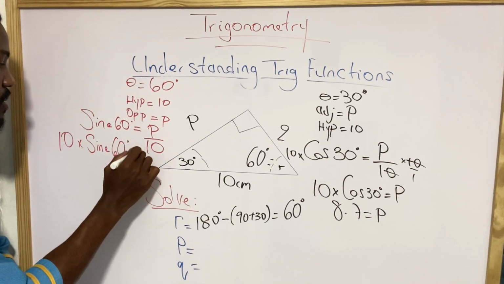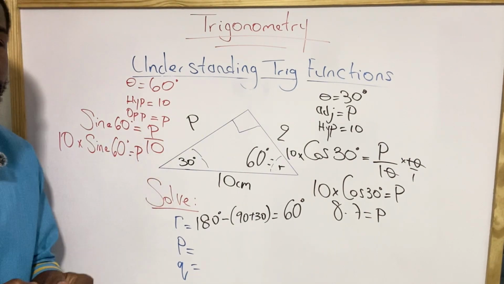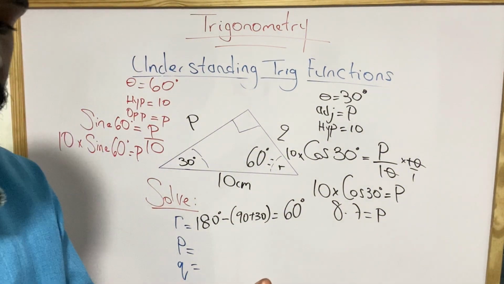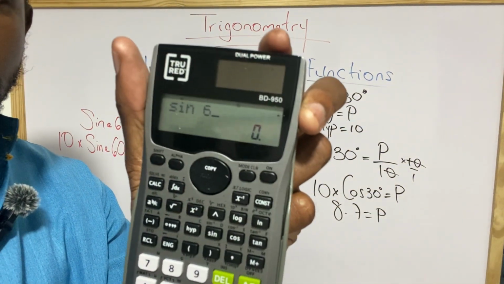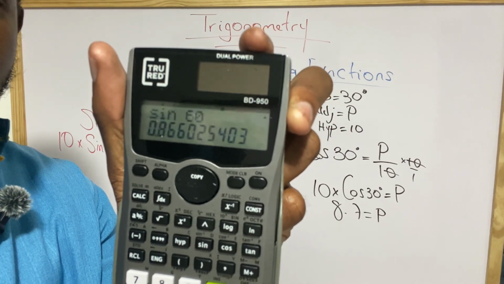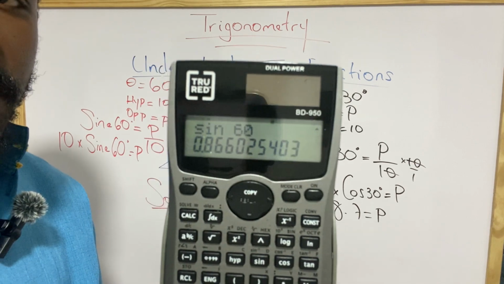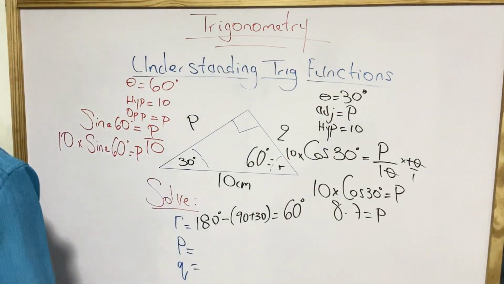degrees equals P. Now the sine of 60, when you punch that into the calculator, is literally going to give us the same answer as the cos of 30, 0.866.